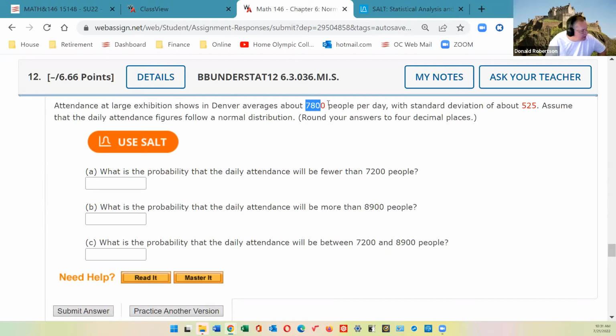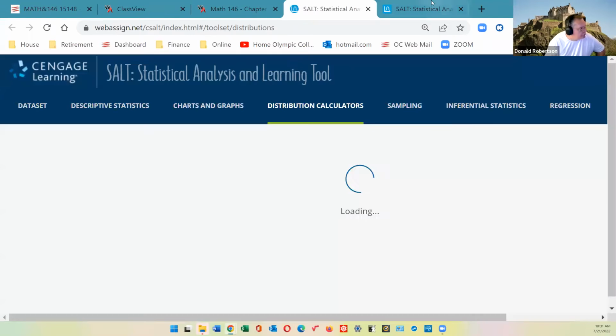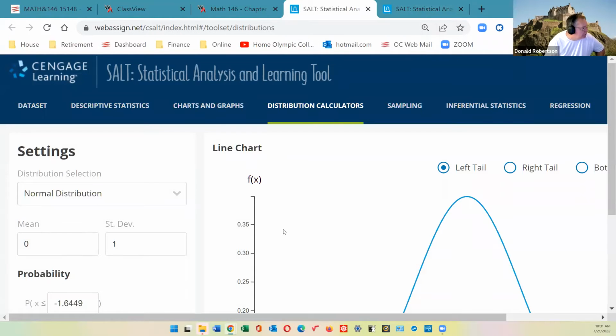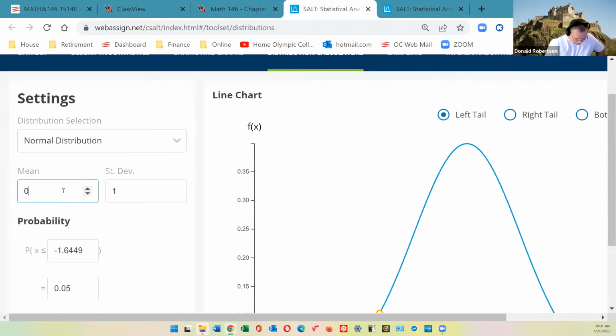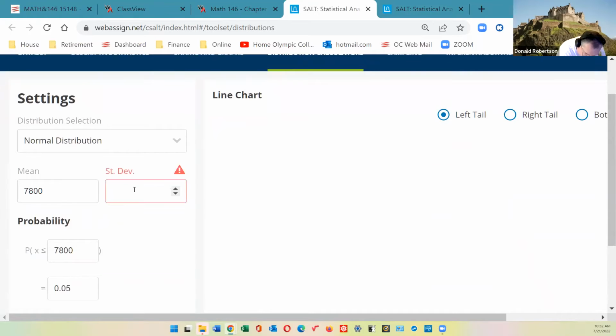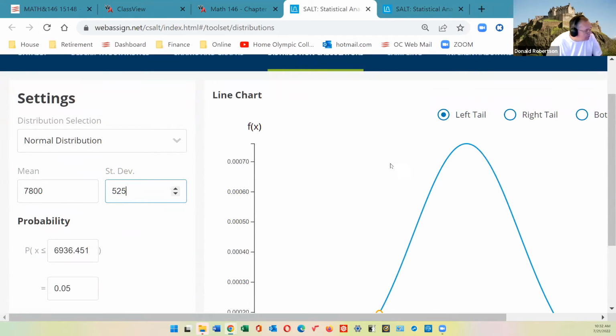So that means that standard deviation, and we want to know what's the probability that you're actually going to have more than 8,500. The mean is 7,800. The standard deviation is 525, and we want greater than 8,500.